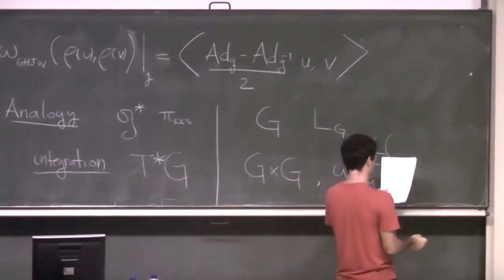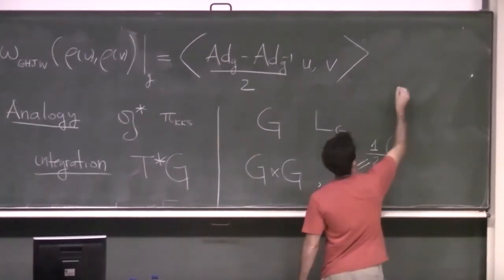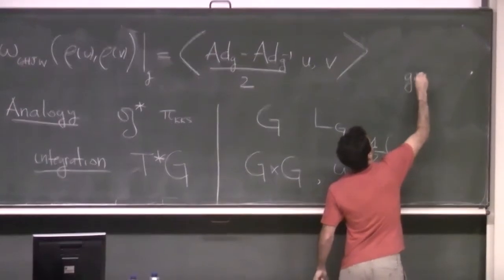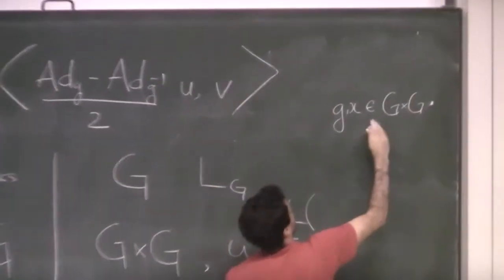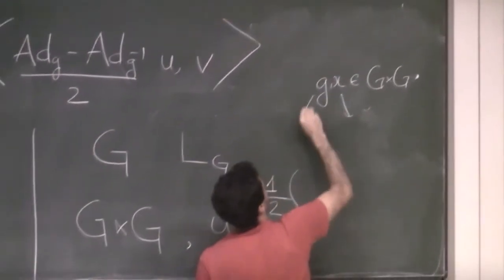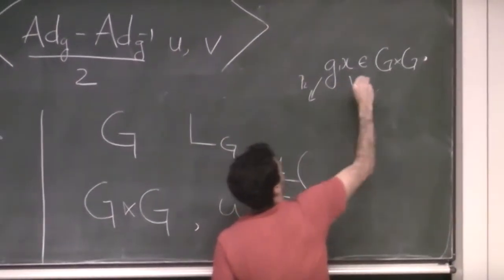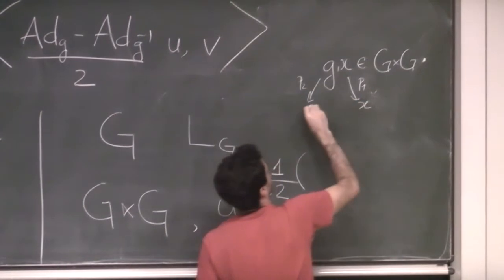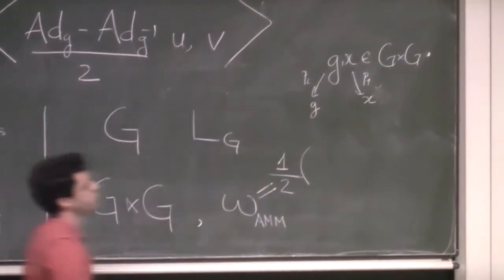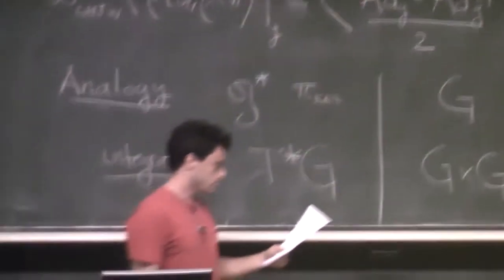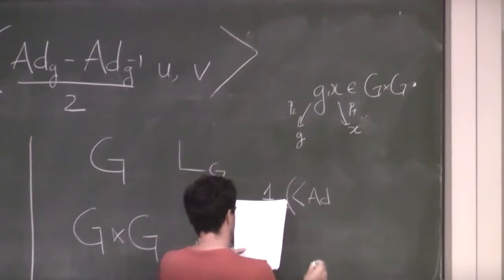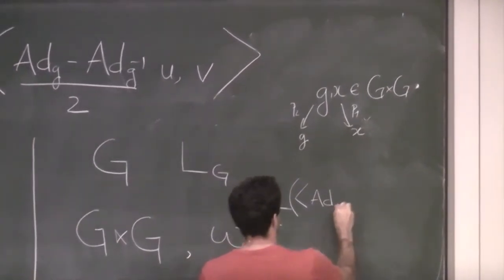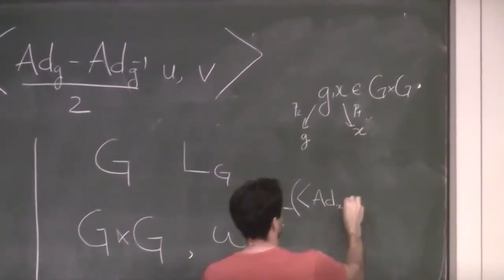So I'm going to do this. For an element here, I'm going to use the notation for the projections on the first and second factors, like this. And so here what you get, it's this.